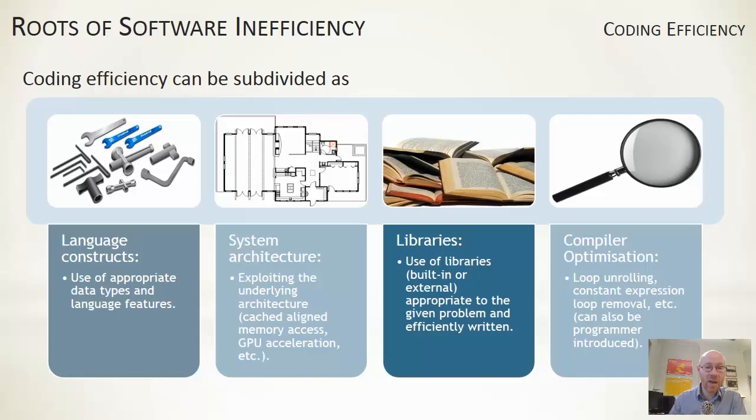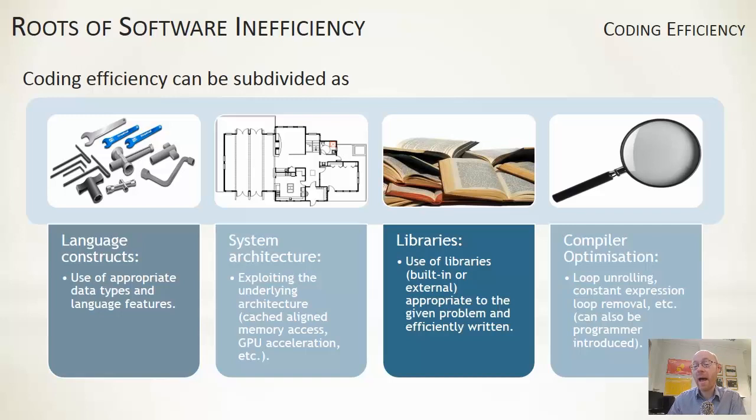Libraries, generally, these programming languages we're looking at will have a bunch of available libraries. Some of the implementations of the libraries will be wonderfully fast, sometimes maybe less so, but we can pick the appropriate libraries and library functions that will be efficient for whatever we have in mind.